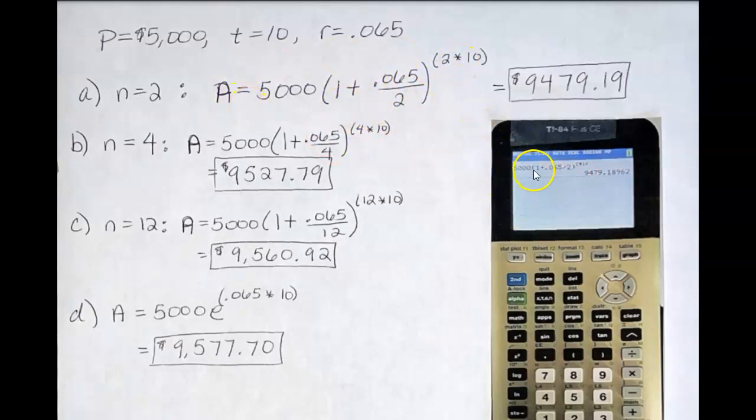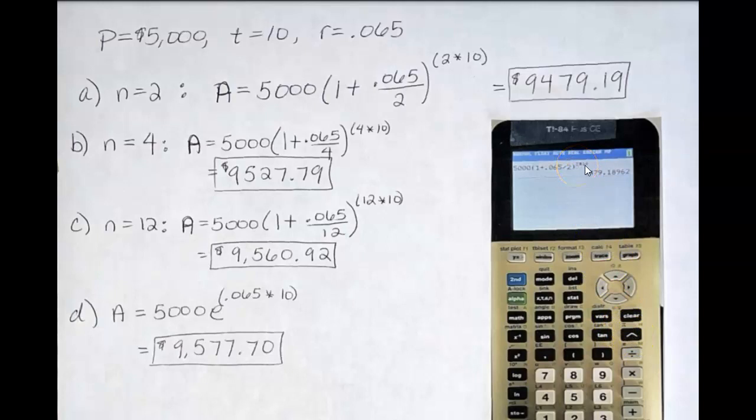So you can just type 5,000, parentheses, 1 plus 0.065 divided by 2, just hit the division key, close the parentheses, and then your exponent is right here, the caret, power, and then in the power, 2 times 10.